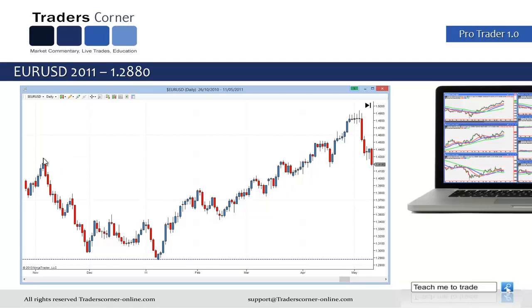Two whole years later, the market's come back to that level that it bounced from in 2009. And as soon as the market gets to that level, bang, it bounces off of it and absolutely reverses. Doesn't look back again. It goes from 129 all the way up to 1.50. So the move is even bigger than the previous move. And you can bet your bottom dollar, the next time the market came back to this level, it bounced off of it again as well.